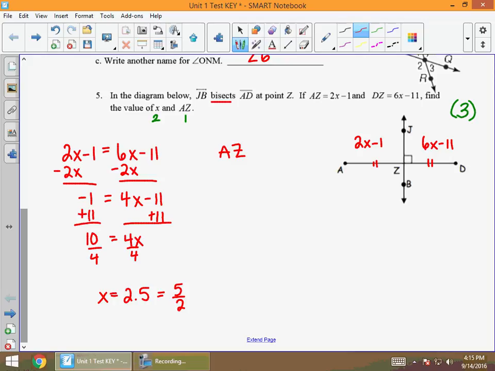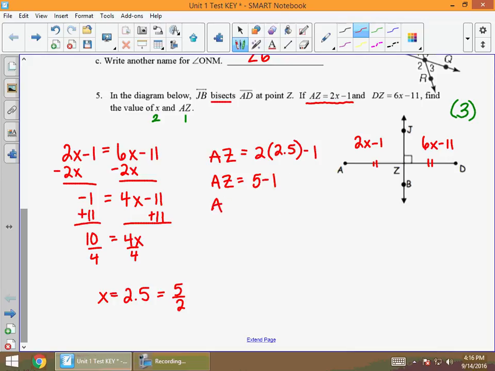And we are told, look up here, AZ is equal to 2x minus 1. So AZ is equal to 2 times the x value, which is 2.5, minus 1. So that means AZ is equal to 5 minus 1.